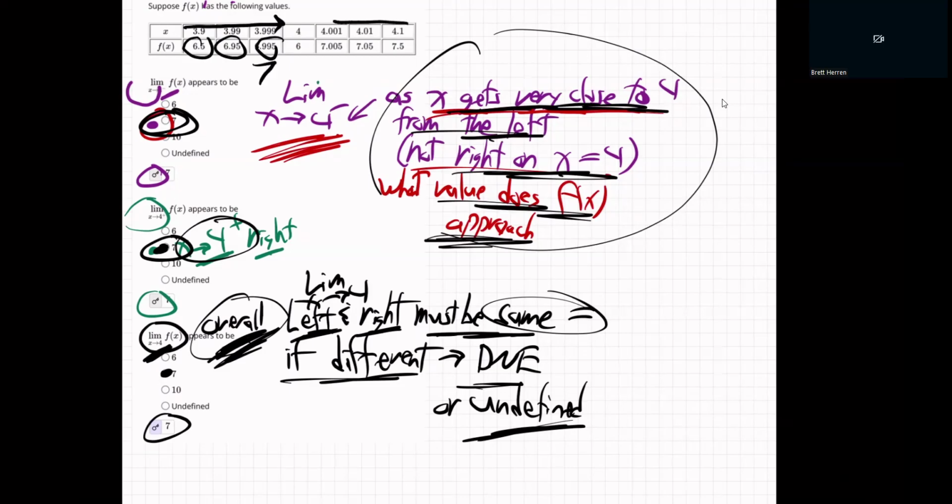And as x gets really close to 4 from the other side, these numbers seem like they're also headed to 7. Okay, yeah, but right at 4 it's 6. Yeah, but we don't care about right at. A limit is what you're getting close to. From the left and the right, in both cases, it's 7. And so that means the overall limit is also 7. And so there we go.